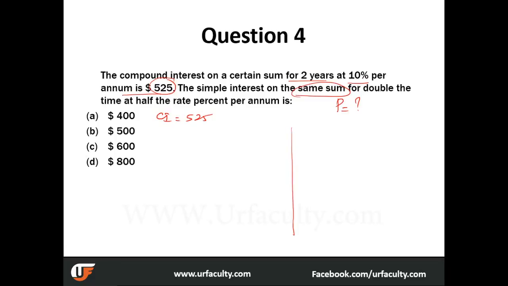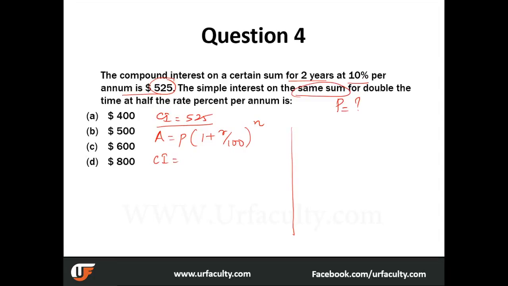We'll arrive at the principal by first using this value. So we are given the compound interest. Our usual formula is what? A is equal to P into 1 plus R by 100 power n. How do we arrive at compound interest with the amount that we have? Simple.